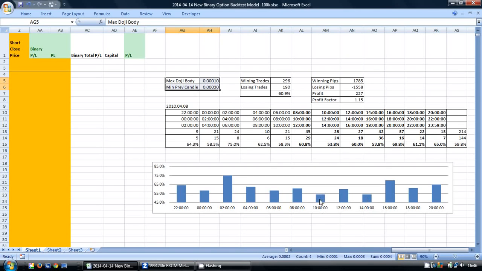The times here I'm using are GMT London time, so there does tend to be quite a bit of news release, maybe markets changing, economic news out at about this time, which could mean that the strategy is less profitable around this time. Around 2 o'clock, again, this could be US market news coming out, although it may just be a random feature.